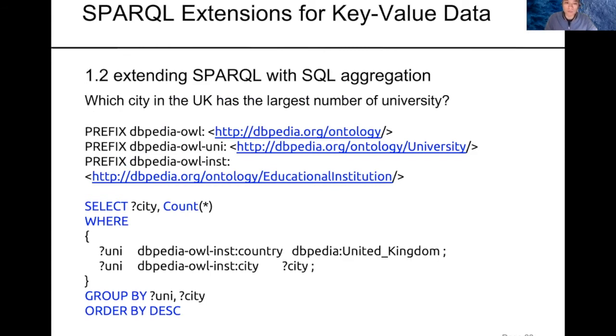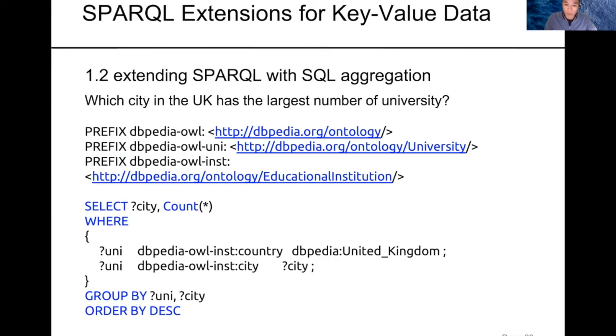Okay, and as we said, we can also extend Spark with SQL aggregations. In the following example, we're asking which city in the UK has the largest number of universities, right? And we have to select a city and count the number. Where there are 2 patterns.